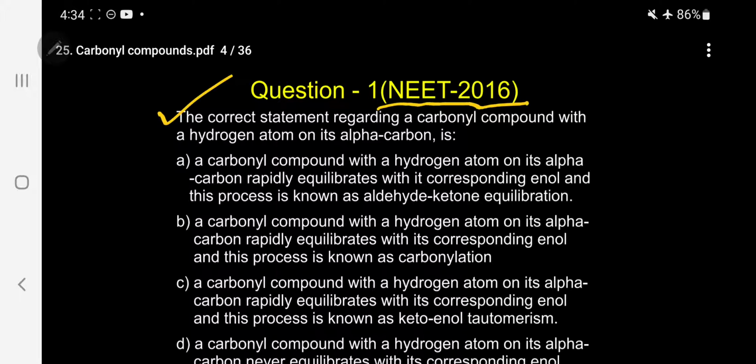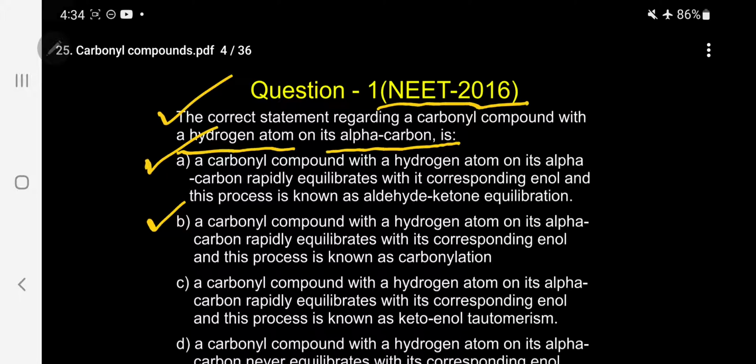The correct statement regarding a carbonyl compound with a hydrogen atom on its alpha carbon is: A. A carbonyl compound with a hydrogen atom on its alpha carbon rapidly equilibrates with its corresponding enol, and this process is known as aldehyde ketone equilibration.